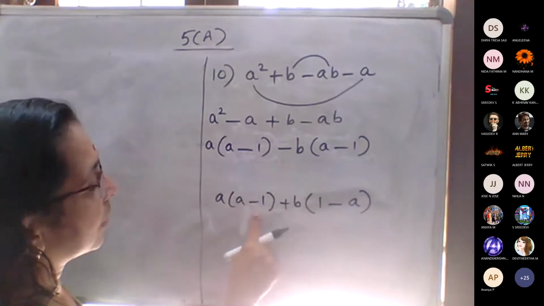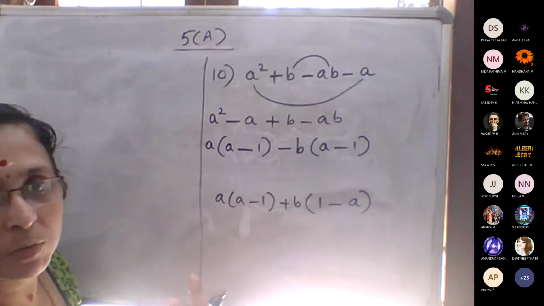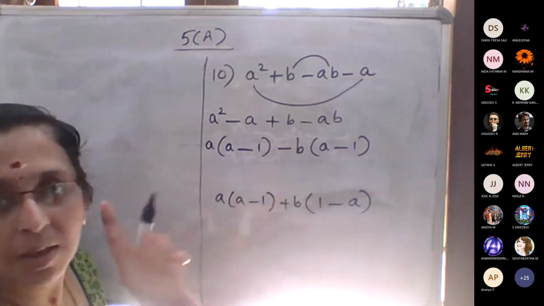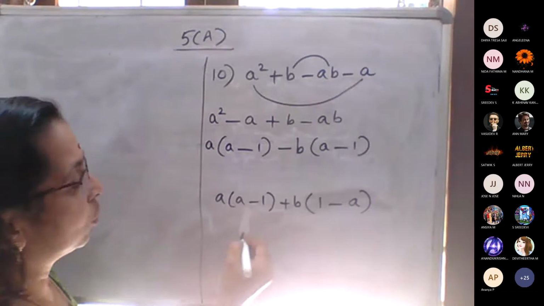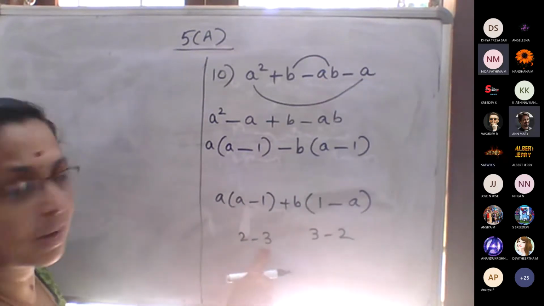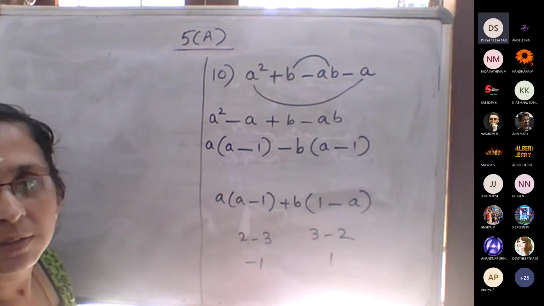Next step, again you have to take one negative. So better, are a minus 1 and 1 minus a the same? Is 2 minus 3 and 3 minus 2 the same? No. 2 minus 3 is negative 1, and 3 minus 2 is 1. They are not the same.